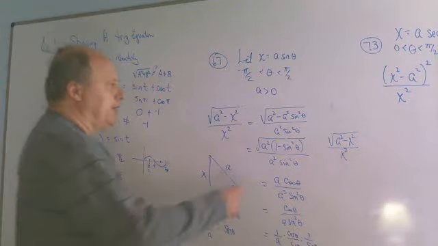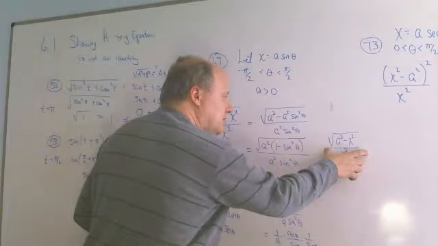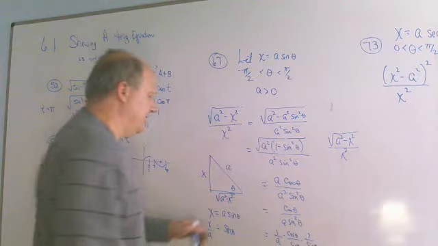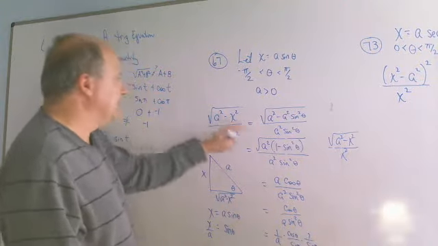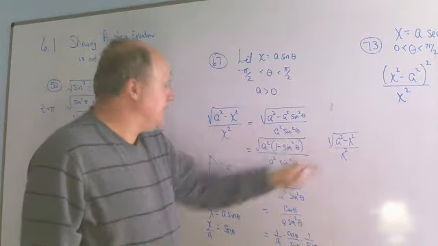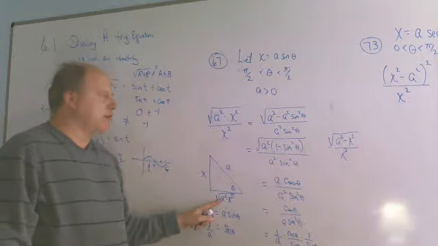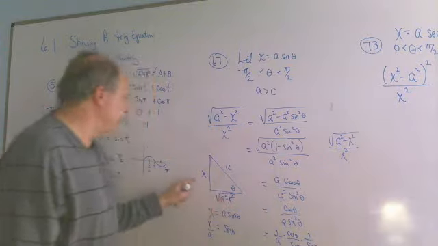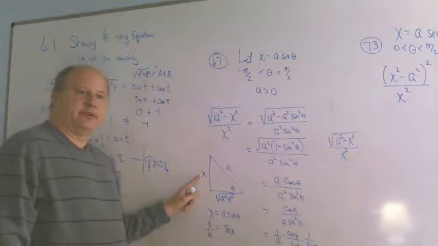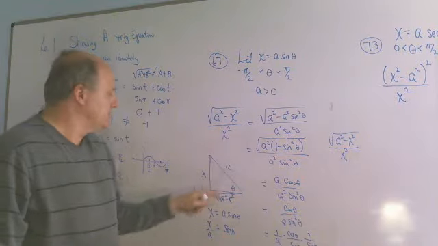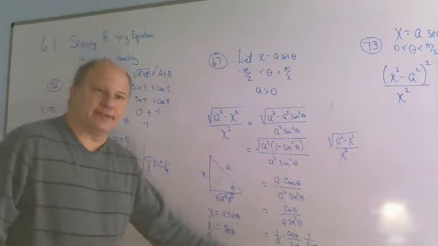If you try to pull these apart, you can actually get this one by separating this part. Because if you notice, this is one side of the triangle. The x right here is another side of the triangle. So you can actually pull these things apart so that you can actually get the same answer.